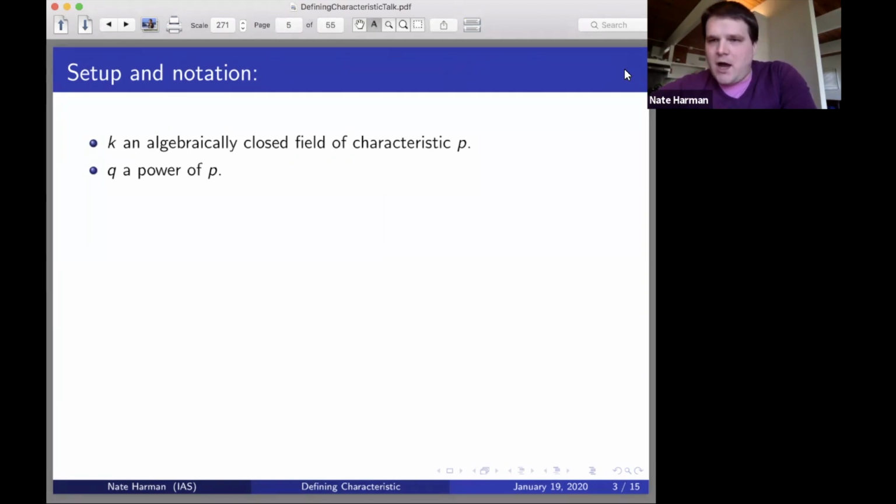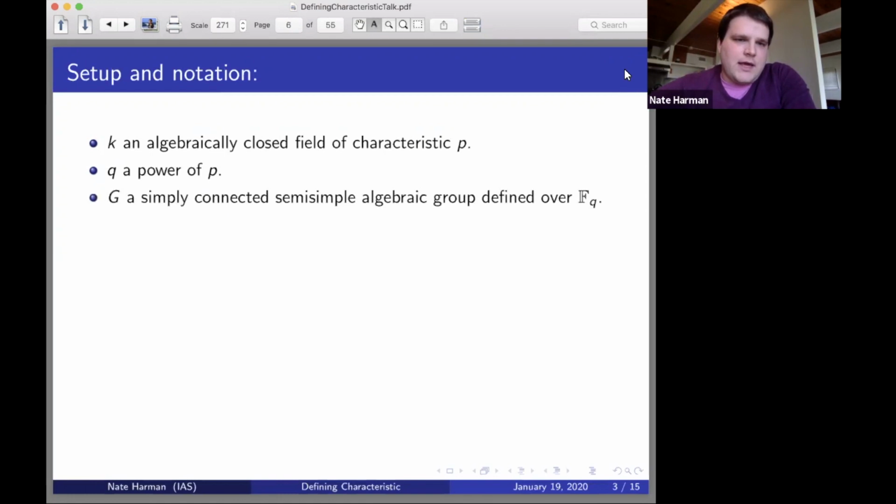I'm dropping the R from Jordy's setup, so I just have a single power of my characteristic. And then I'm going to take G to be a simply connected semi-simple algebraic group defined over FQ. I'm going to relax those constraints at some point, but to start, it'll simplify my life to assume it's simply connected, semi-simple or even simple algebraic group.